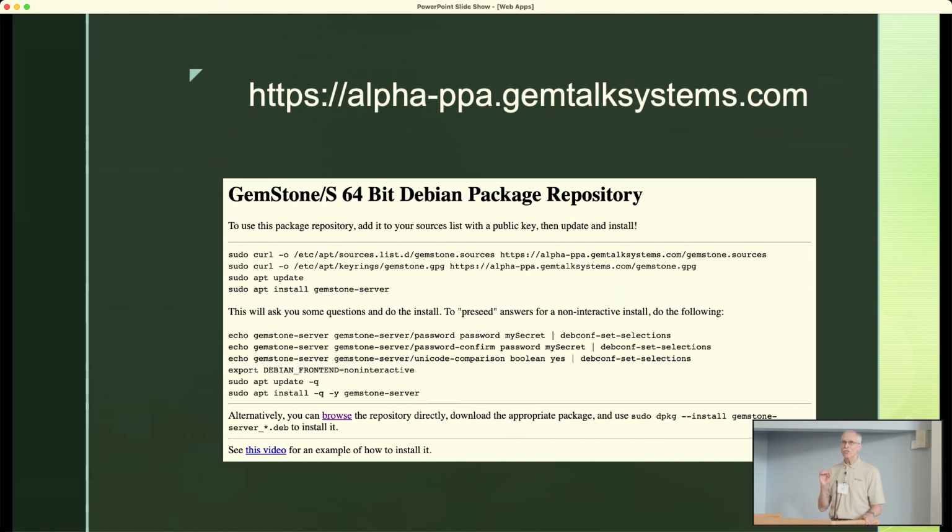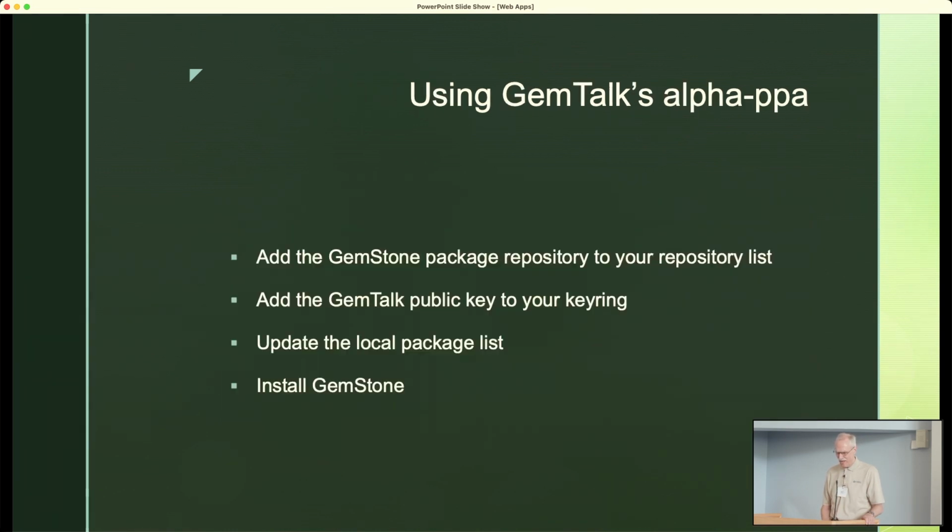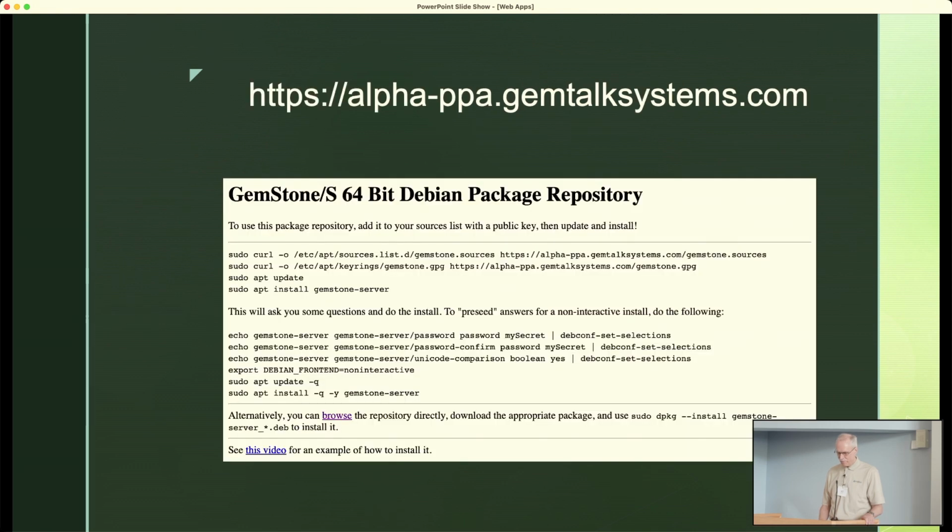If you'd like to do a preseeded or completely automated install, that again follows the packaging system where you can specify answers to the anticipated questions. So you can preseed the password, preseed the string comparison method, and then do the update and install.